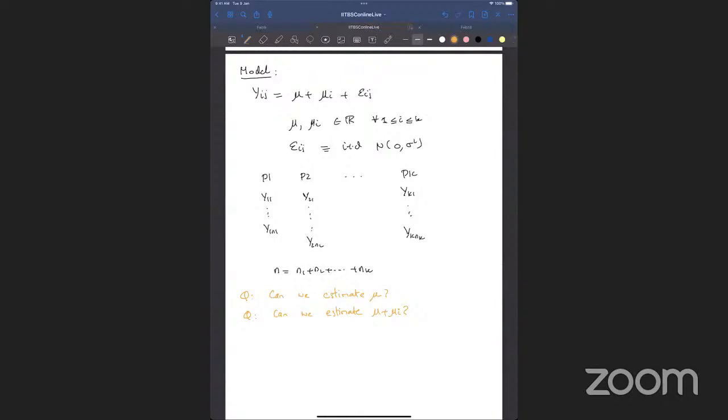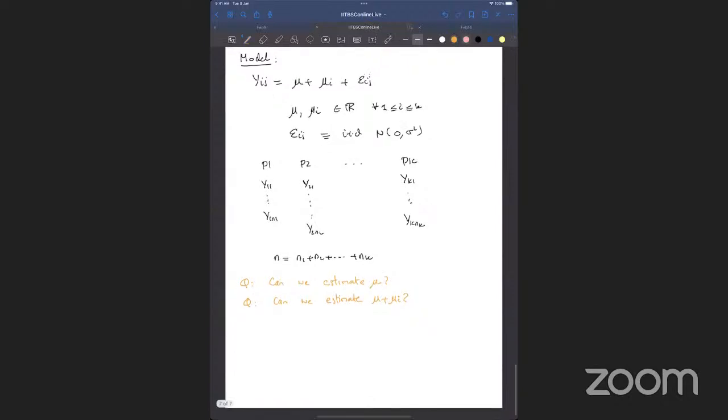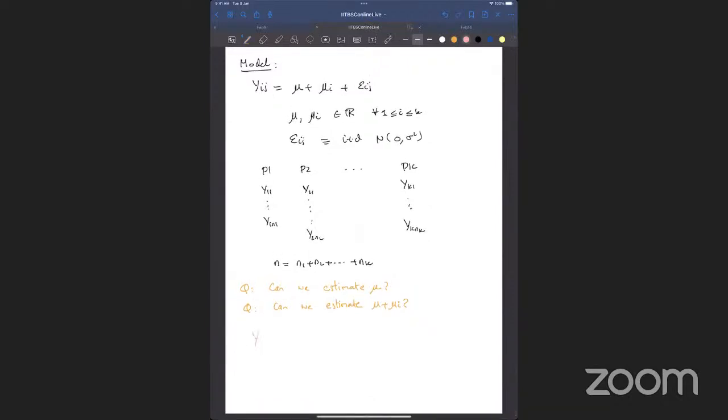So the formal answer is no, because of the following idea. I can always perturb this model a little bit. Let me take a new model, and I'll call it y tilde ij. So I write it as mu tilde plus mu tilde_i, plus the same epsilon_ij as before.